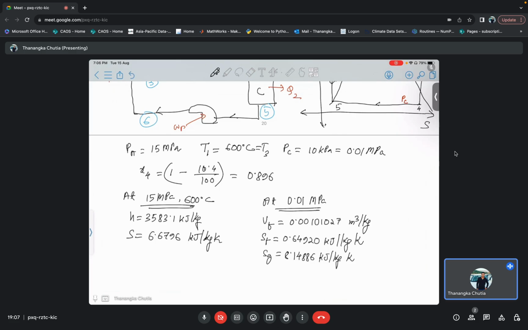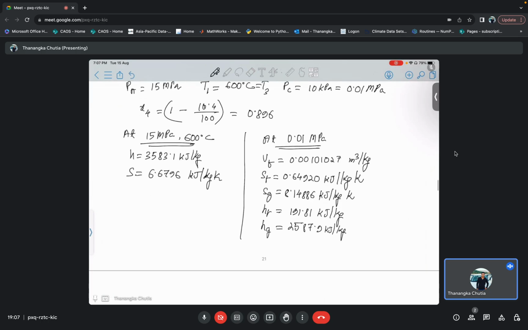Your Hf will be equal to 191.81 kilojoule per kg, and Hg is equal to 2587.9 kilojoule per kg. So these are the values that we know from this steam table.